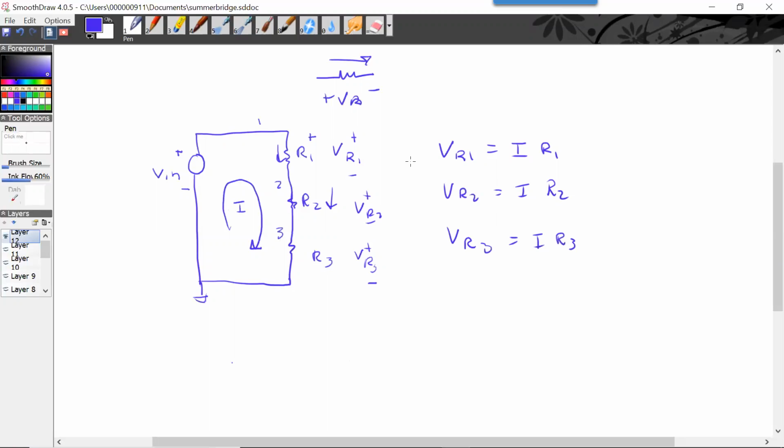All right. So let's sum the loop. Minus Vn plus VR1 plus VR2 plus VR3. Those sum to 0.